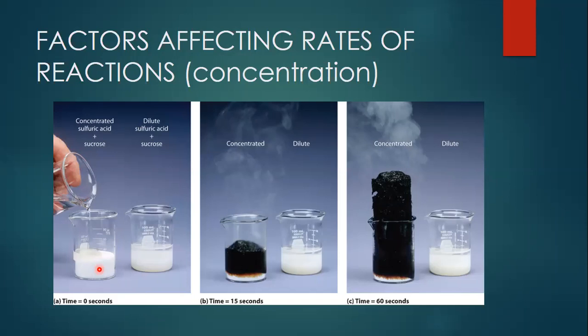And here the chemist is adding concentrated sulfuric acid. But to this, he's adding dilute sulfuric acid. With the concentrated sulfuric acid, because the concentration is high, you can see after 15 seconds how the rate of reaction has gone so fast.